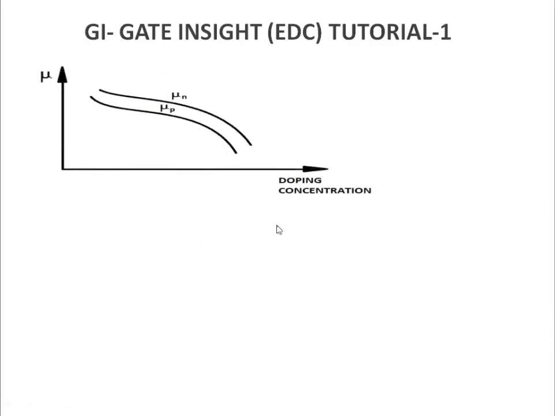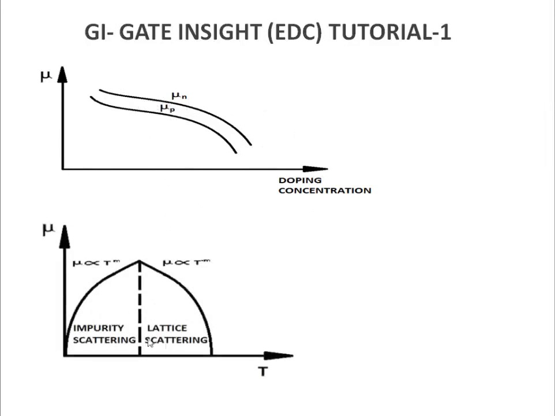So there was one more relation of mobility with the doping concentration. As we were increasing the doping concentration, the mobility decreases as the number of atoms increases. They appear as obstacles for the movement of charge carriers. So the whole mobility is going to decrease and electron mobility also decreases. And there was the relation for mobility and temperature when scattering is there.